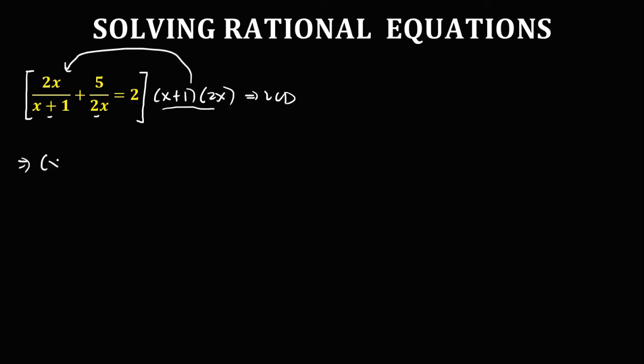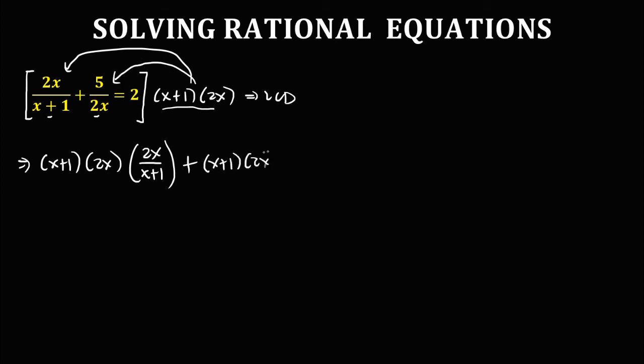So we have x plus 1 times 2x, times 2x over x plus 1. Then plus this term, x plus 1 times 2x times 5 over 2x. Then equals x plus 1 times 2x times 2.